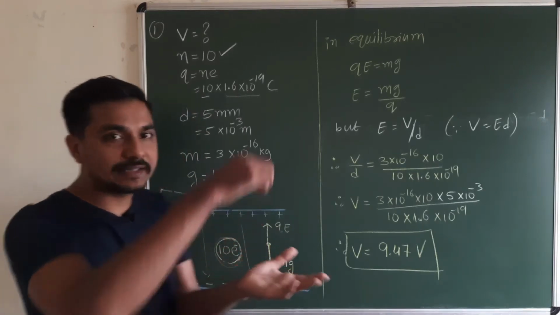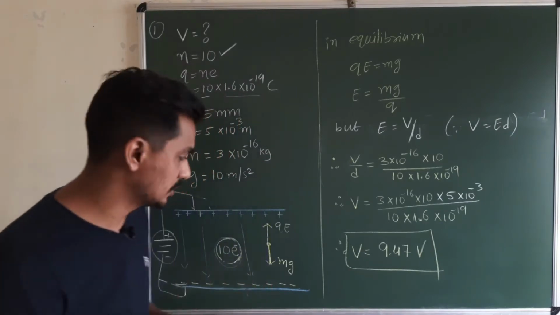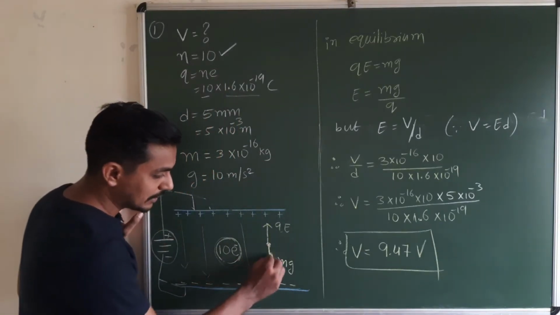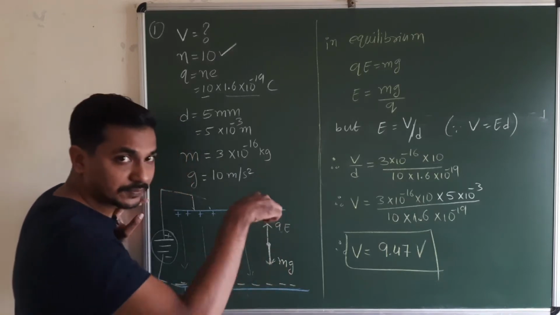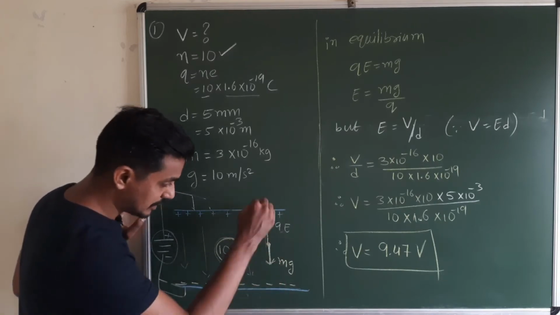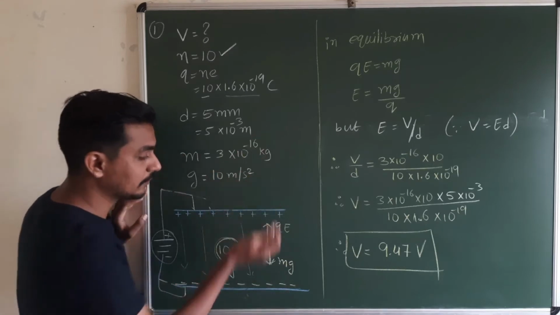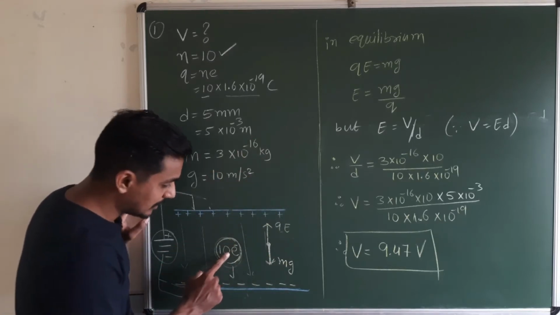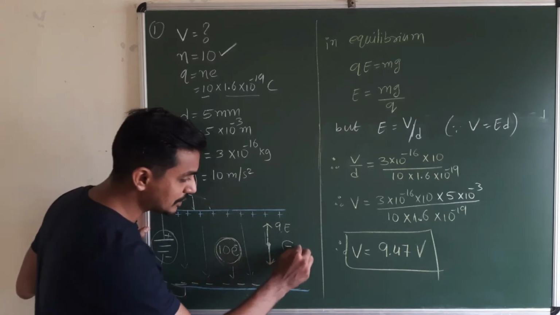Now to balance anything, we need to provide two equal and opposite forces. So here what is happening? The gravitational force is pulling this oil drop towards the downside. So if we provide an electric field in this direction, then this electric field will push the drop in the upward direction. Why? This drop carries 10 electrons, and electrons are negatively charged.